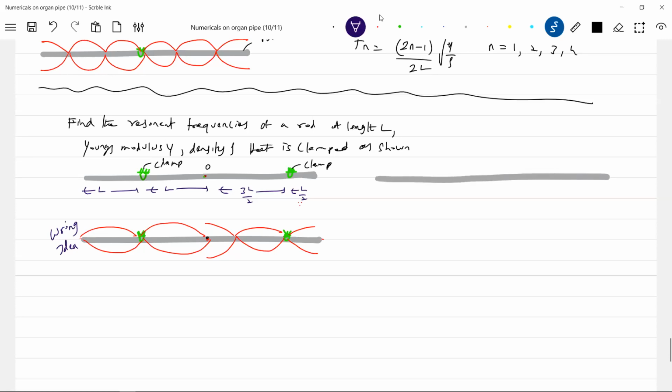The midpoint is here, O, and these are the clamped points. Clamped, I'll just put, no, look at this one. So what is possible? The possible is like here, 1.5 loop should be there.